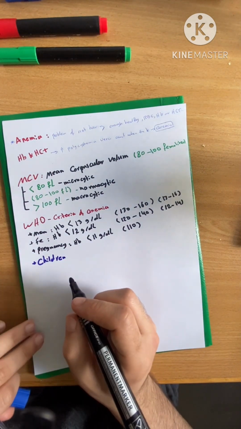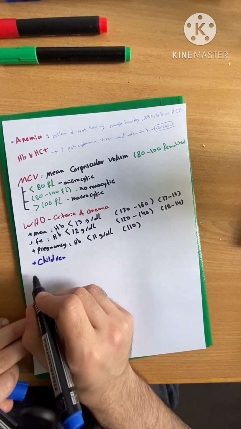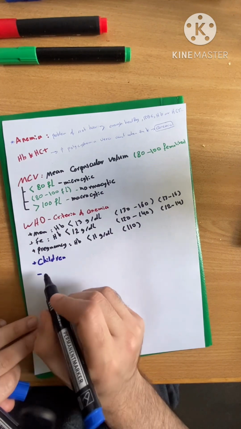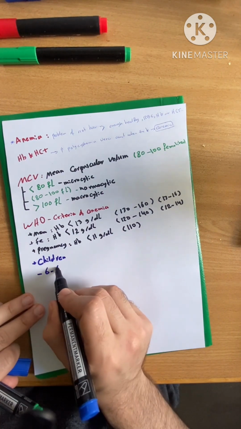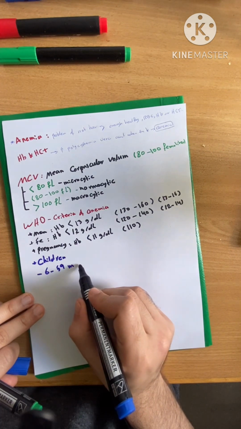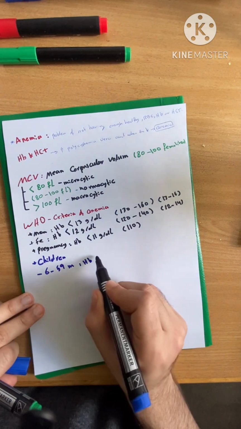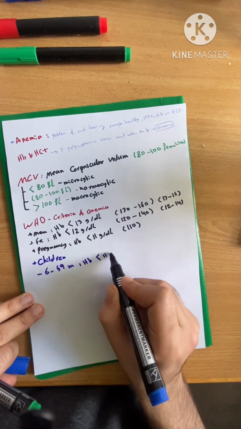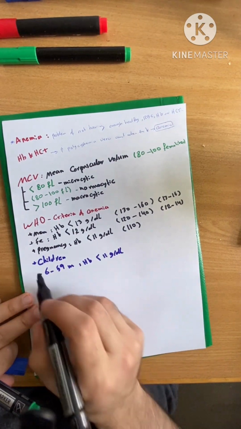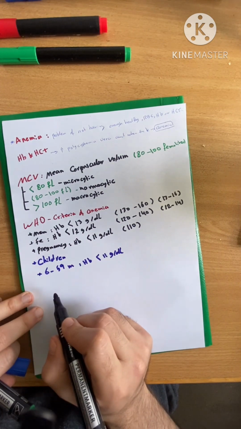Due to age, a 6 to 59 month child should have hemoglobin less than 11 grams. At that time we can say he or she is having anemia.